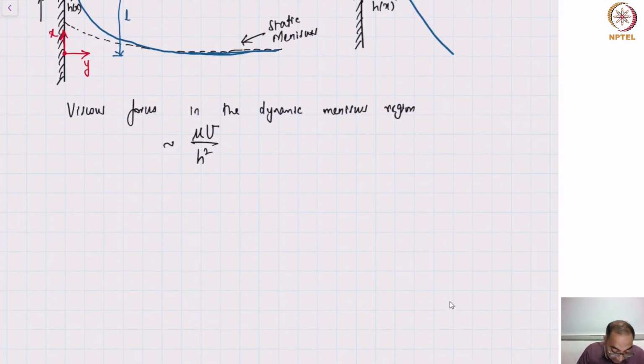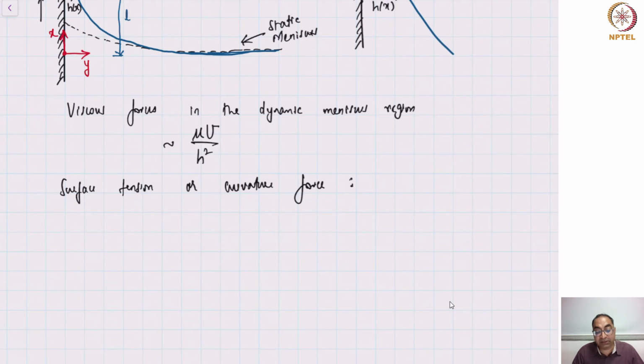Now we look at the curvature force, the surface tension. How would we go about deriving the curvature force?